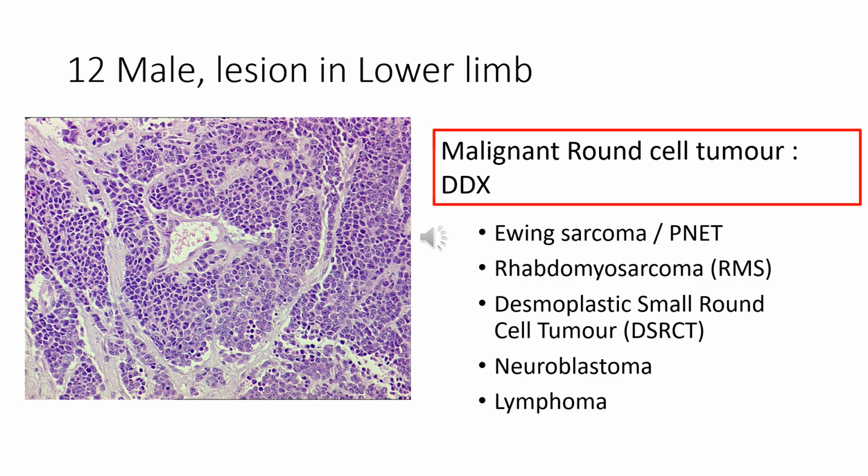The differential diagnosis can be Ewing sarcoma. The term PNET is no longer used. The differential diagnosis includes rhabdomyosarcoma. It includes a tumor called desmoplastic small round cell tumor, which generally occurs in the pediatric age group in the thoracic soft tissue. The differential diagnosis can be neuroblastoma.